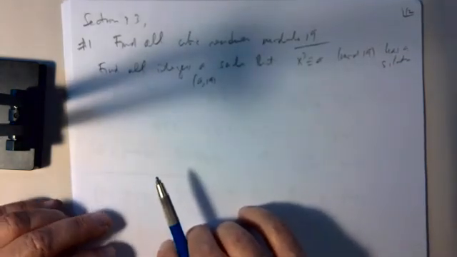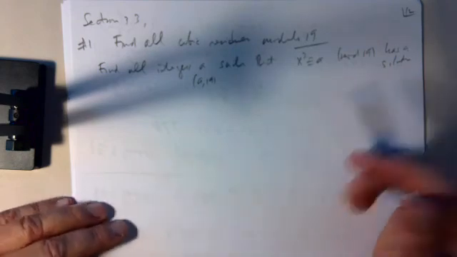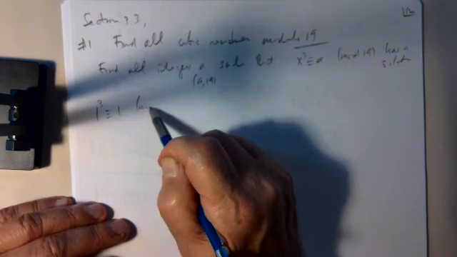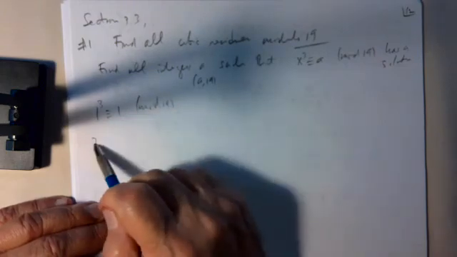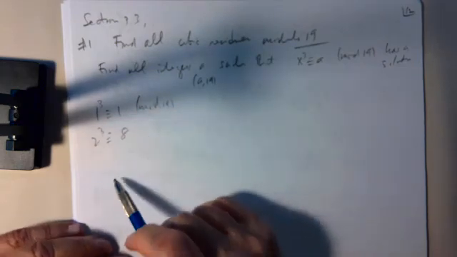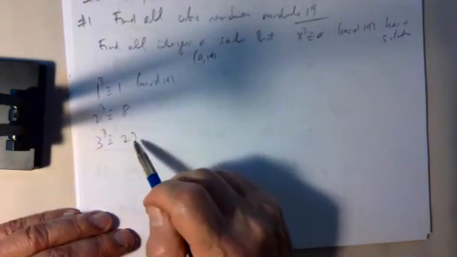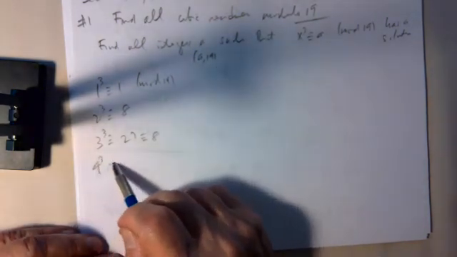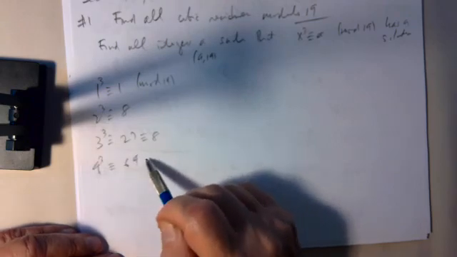So the simplest thing is just to start by looking at the cubes mod 19. 1 cubed is congruent to 1 mod 19. 2 cubed is congruent to 8. 3 cubed is 27, which is the same as 8 mod 19. 4 cubed is 64.